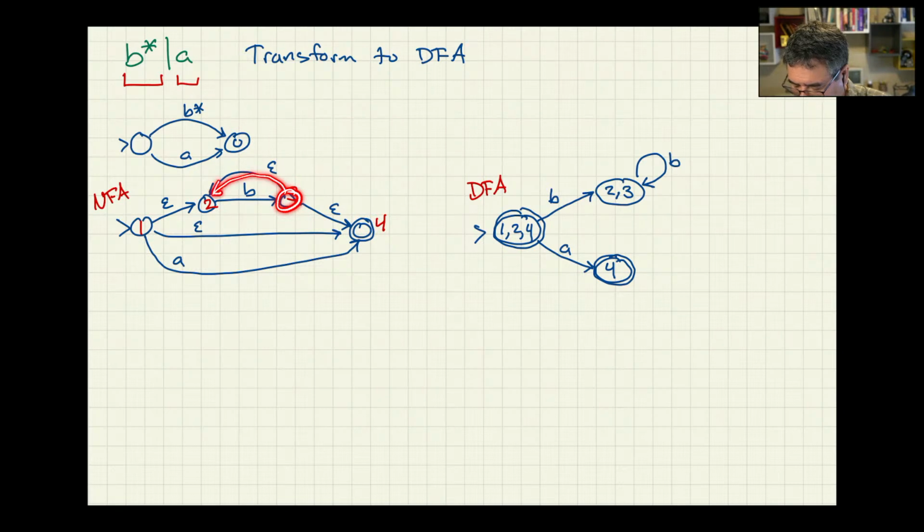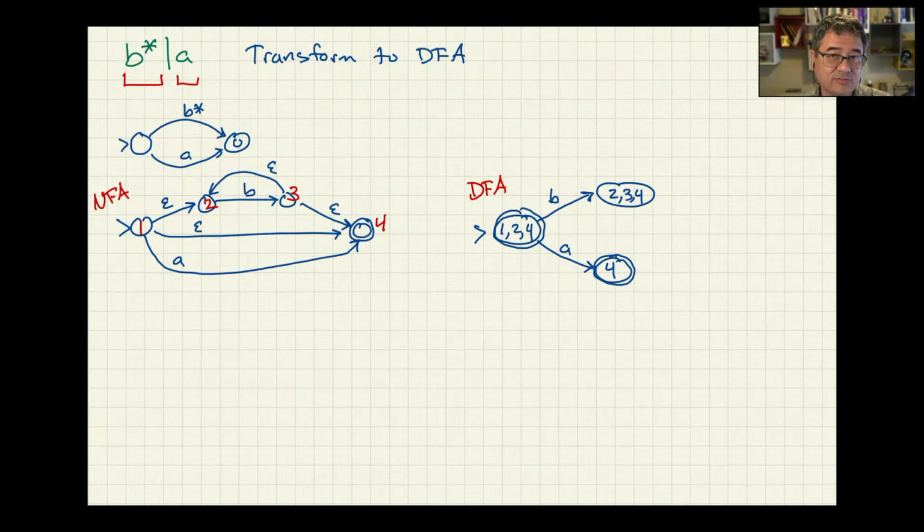But the epsilon takes me back to 2, and this epsilon takes me to 4. So this state over here should have been 2, 3, 4. Oh, those epsilons caught me again.